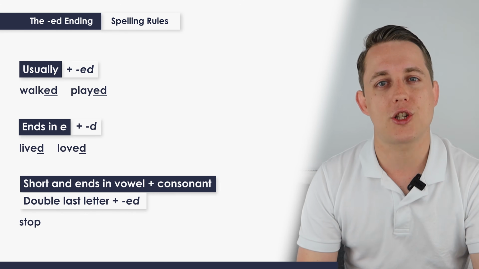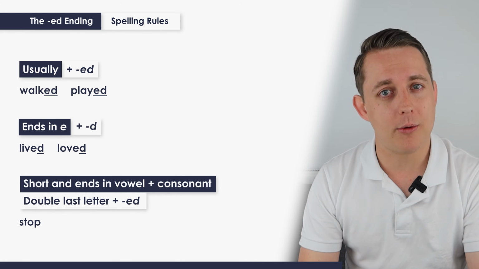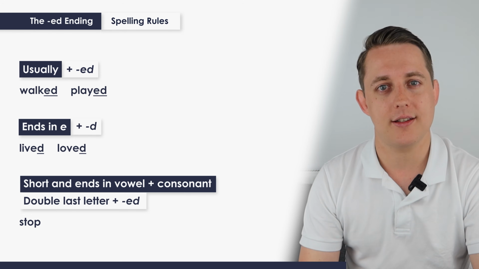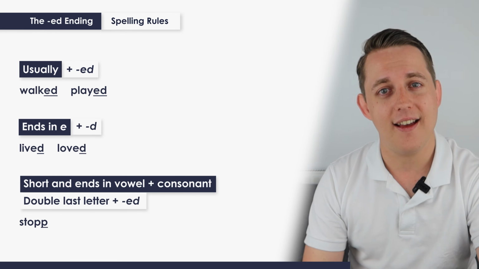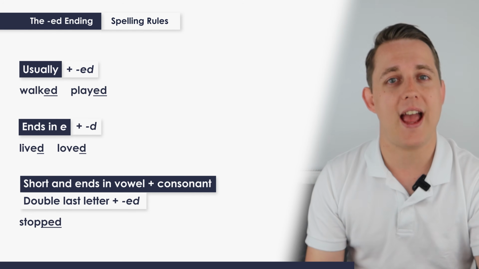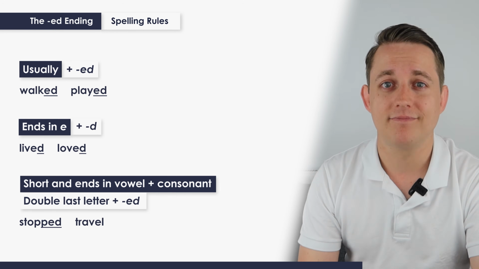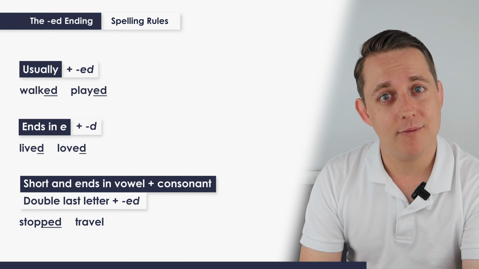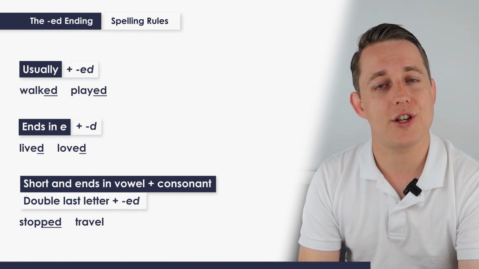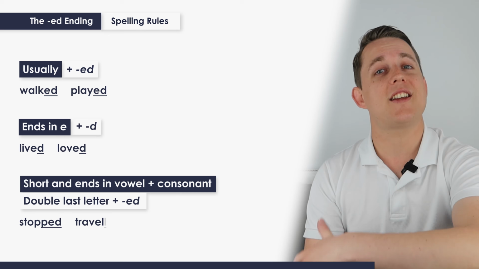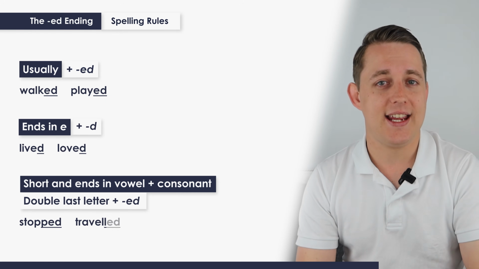For example, stopped. O is a vowel, P is a consonant. So we add P again and ed. Now we have stopped. Or let's say travel. Travel has E, which is a vowel, and L, which is a consonant. So we add another L and then ed.